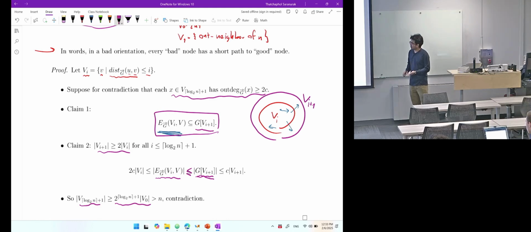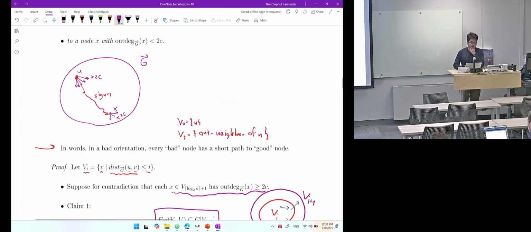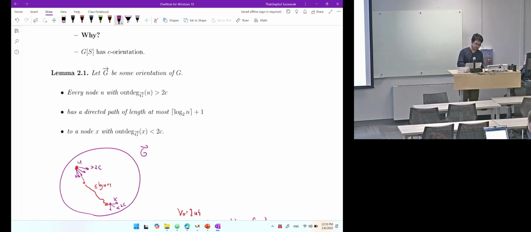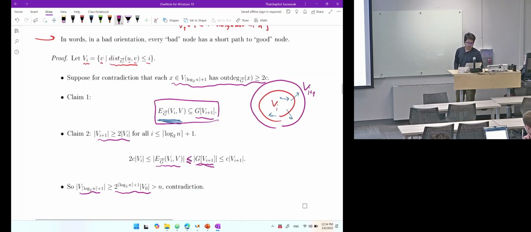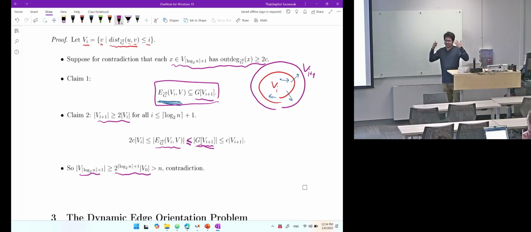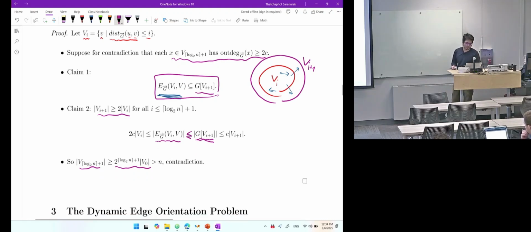But that's more than n, and there are just n nodes. So that's impossible. Okay. So now we have this. Every bad node has some short path to a good node. Okay. So we have some structural understanding of the problem a bit now.